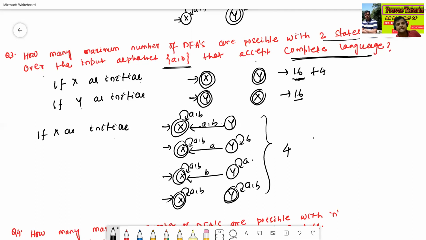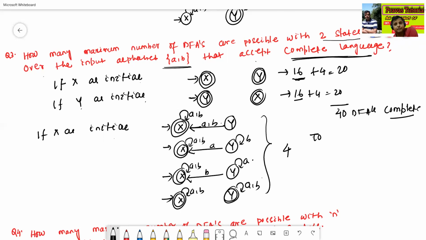Similarly, if Y is initial, 16 plus 4 means 20 DFAs will accept the complete language. So in total 40 DFAs will accept the complete language.